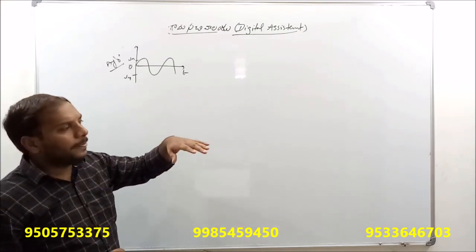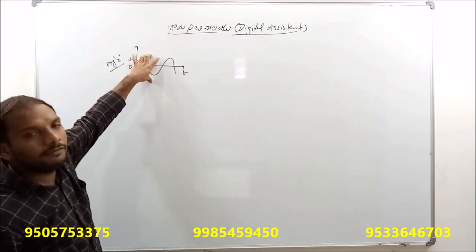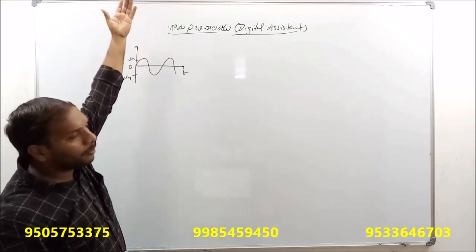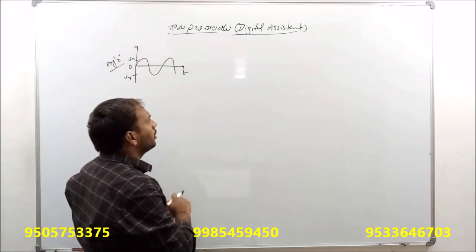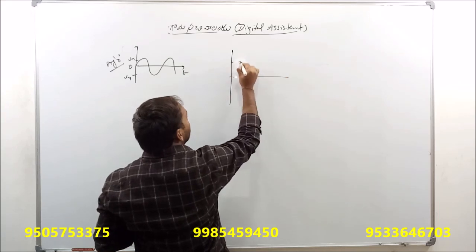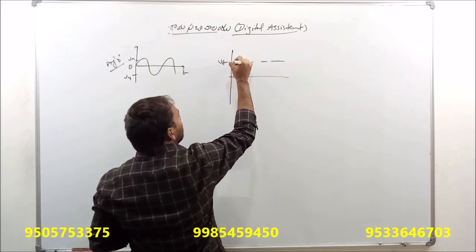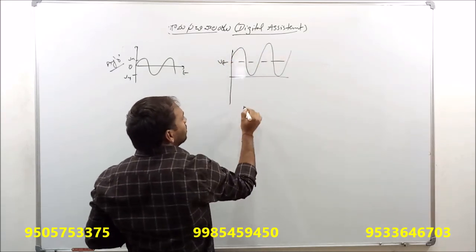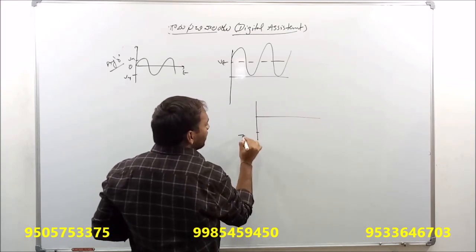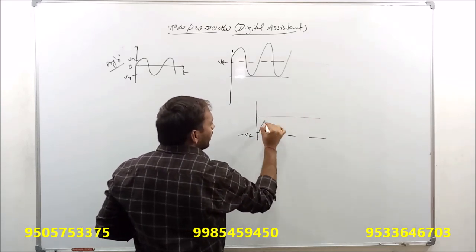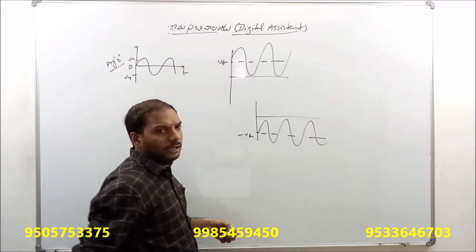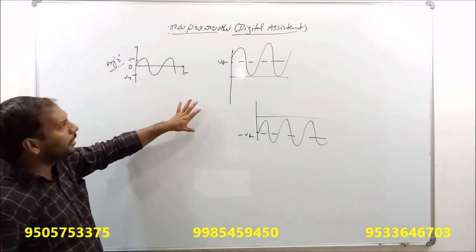It will try to shift the DC level from 0 to a positive voltage or 0 to a negative voltage. That is, let us consider this is the V reference. Then you will get the waveform something like this. Or if this is the minus VR reference, you will be getting the waveform something like this and so on. So this is the advantage of what?